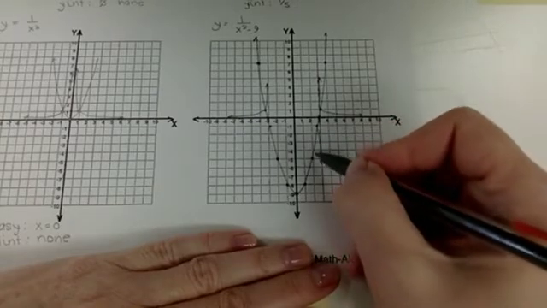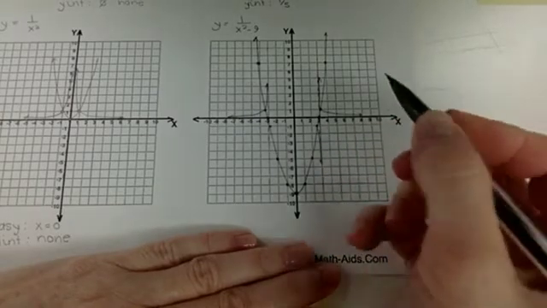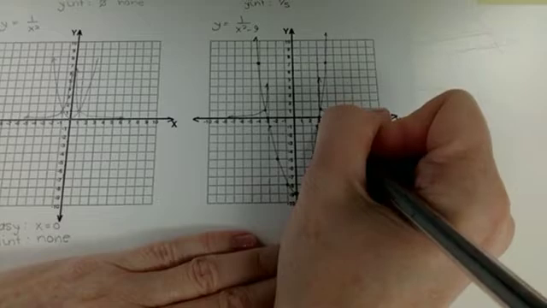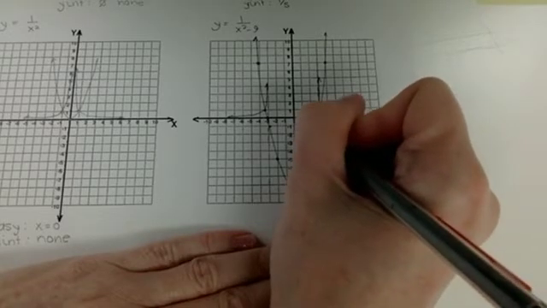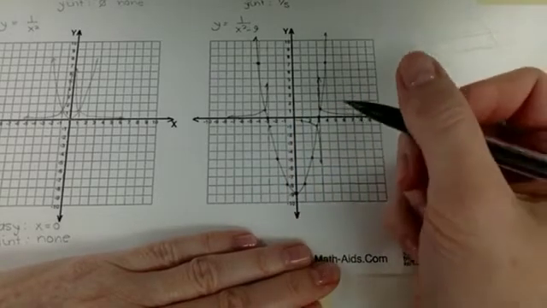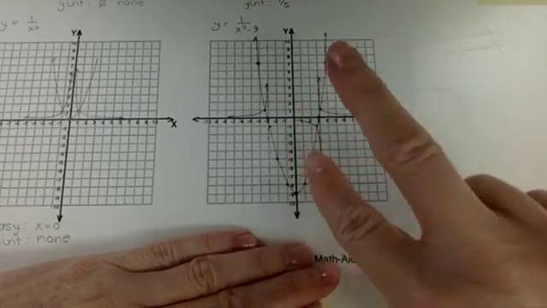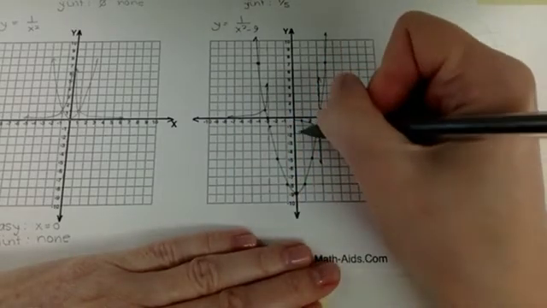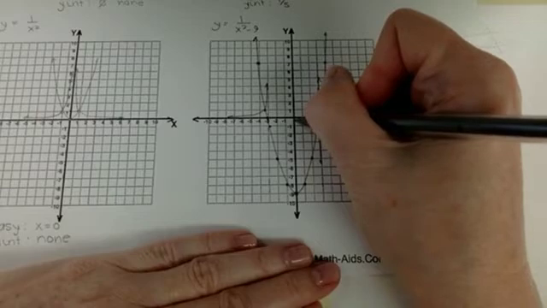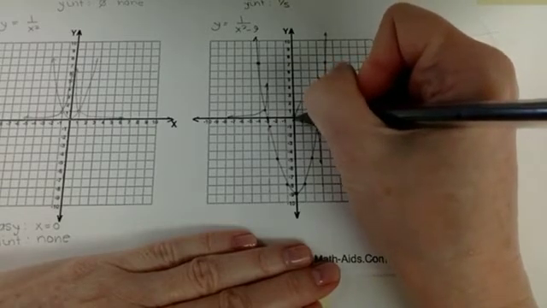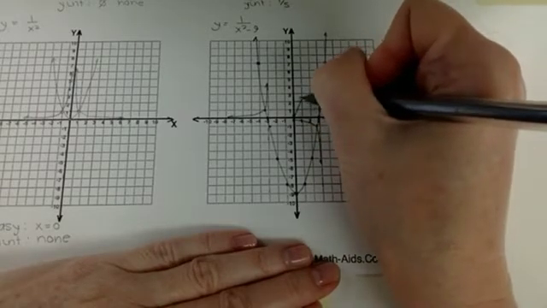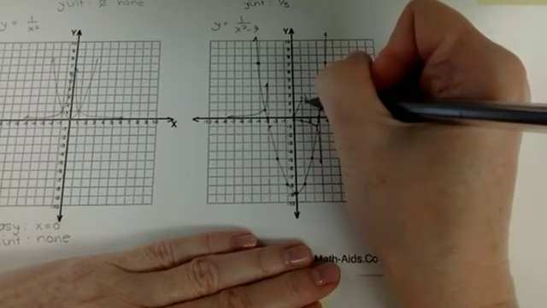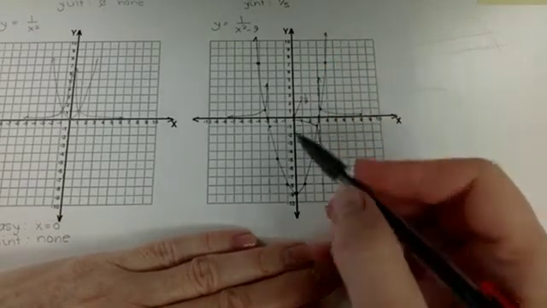This moves away until it gets to -9, so it will move towards the x-axis until it gets to -1/9, because we'll take the reciprocal. So that little point in there is going to be -1/9. Same thing on the other side.